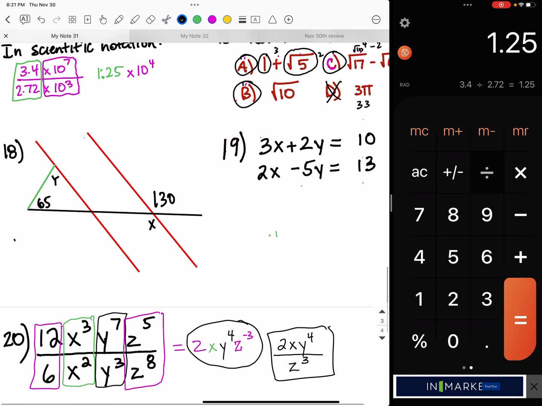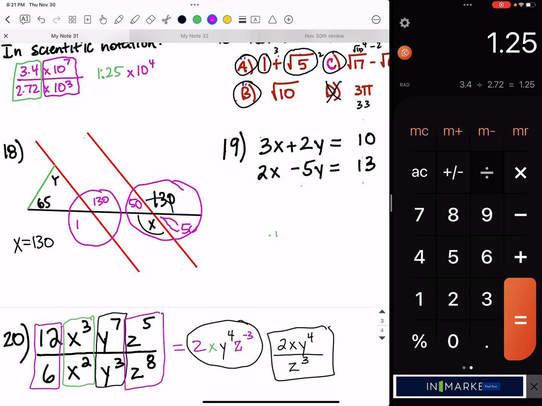I know x is 130 because it's on the opposite side of the x, right? 130, which means these guys over here are 50 and 50. Now, this whole intersection is this whole intersection too because of parallel lines. So this is 130, 130, 50, and 50. Now I have this triangle over here, which adds up to 180 also.